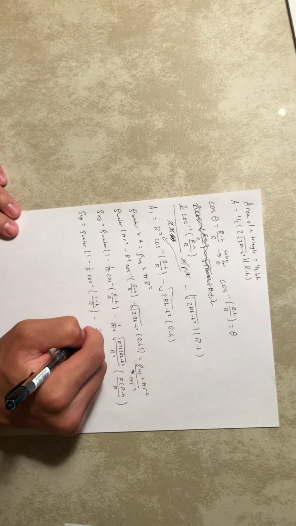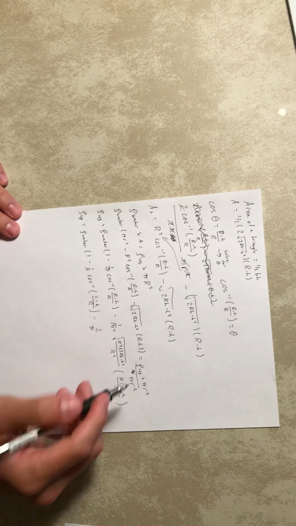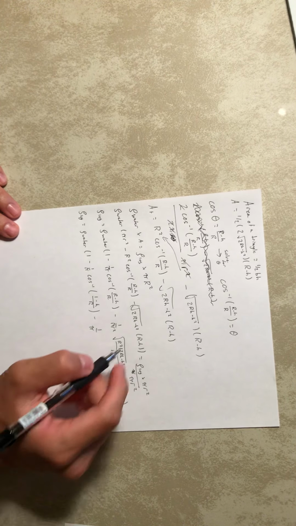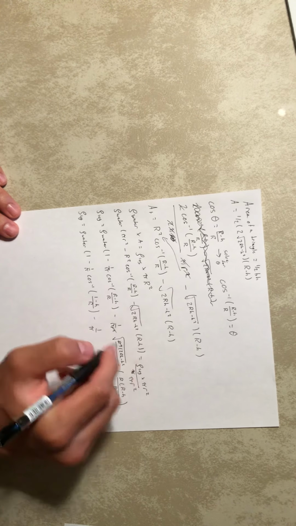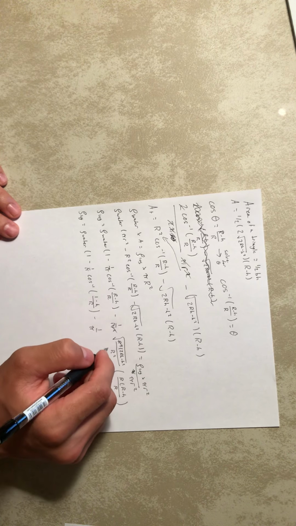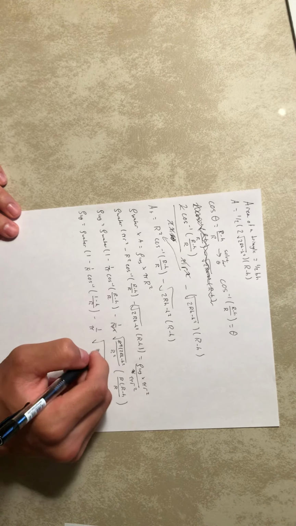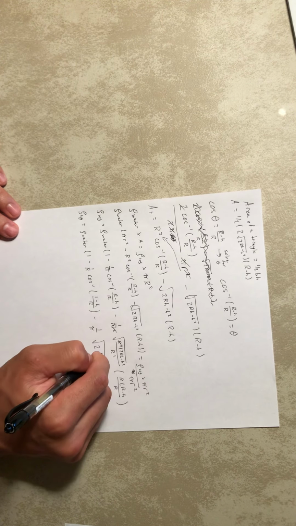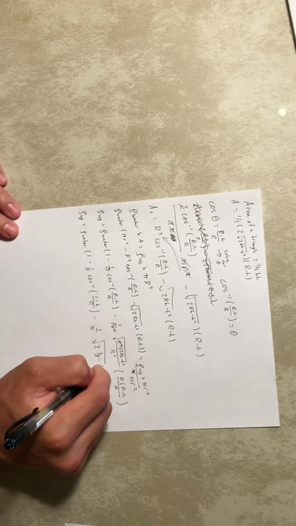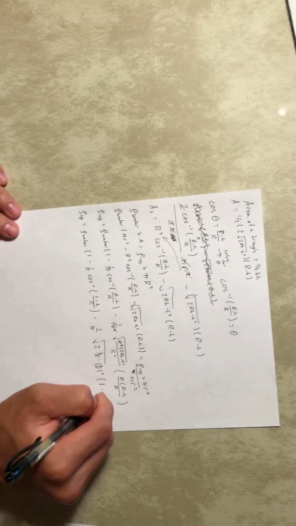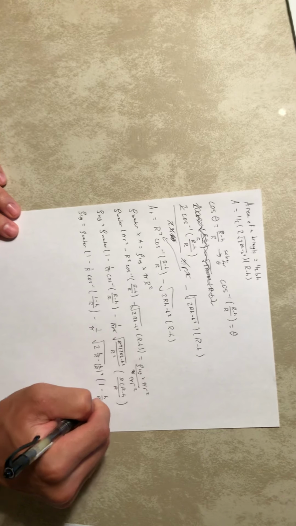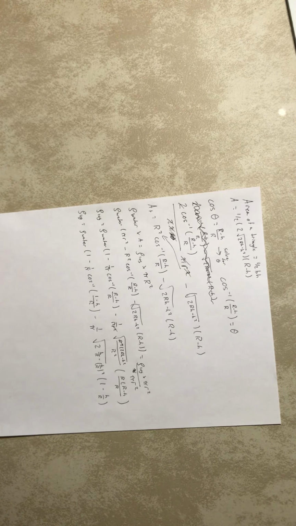Minus 1 over pi, and then these r's will end up canceling, so we'll get 1 over pi, and then the square root of 2h over r minus h over r squared times 1 minus h over r. So that's what we get.